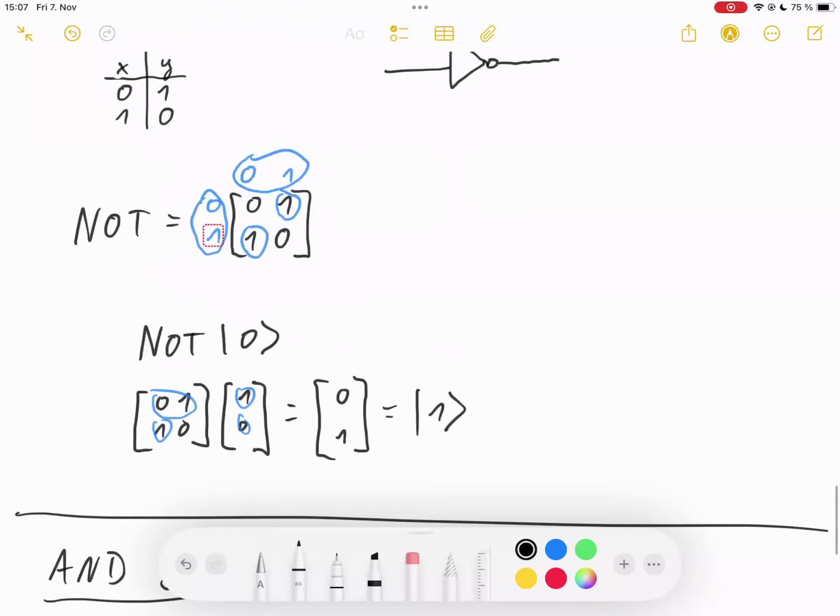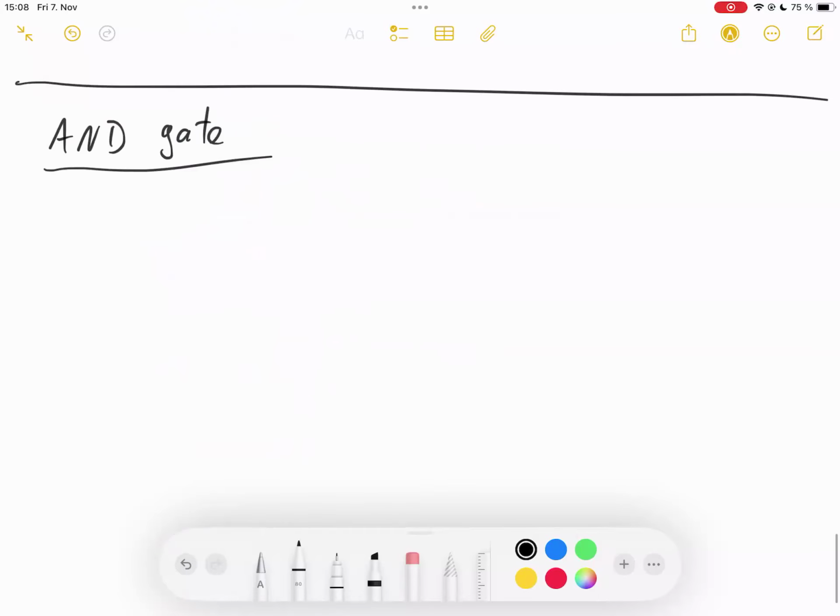So we do the AND gate after we have done the NOT gate. In the US notation, this is often denoted as something like this. The European notation, for example, something like this. And that's the AND gate. We will look at its logic table, and then we will start building the gate.